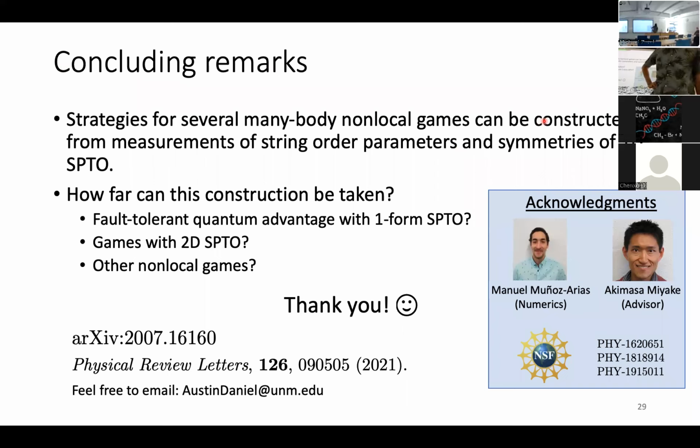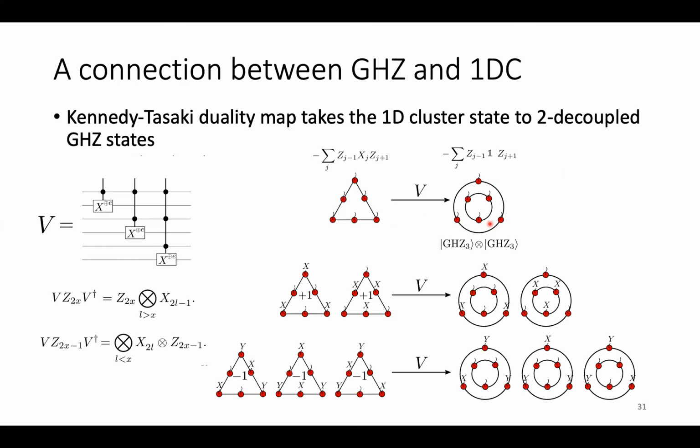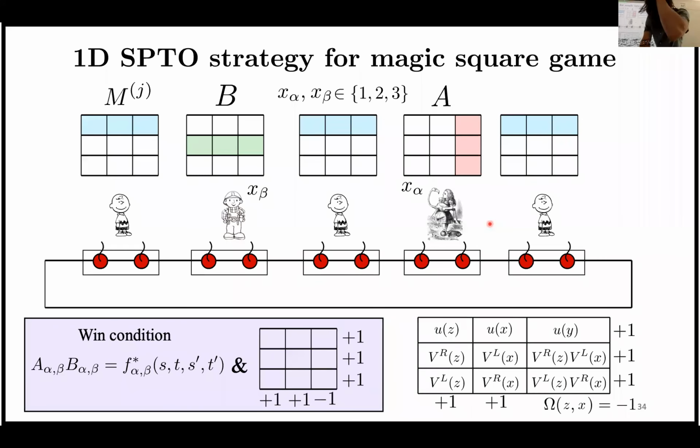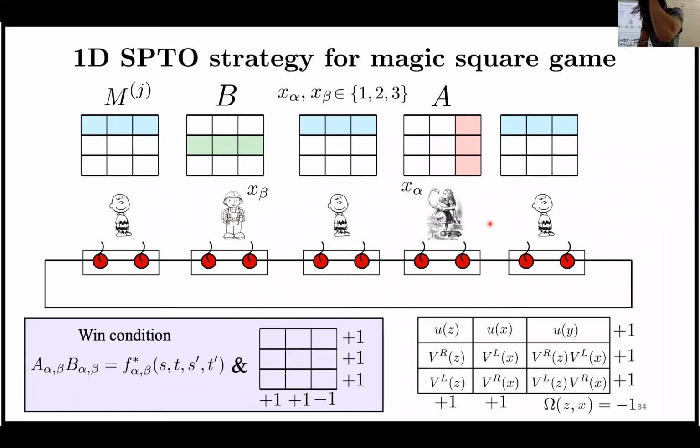The one-third bound actually varies from game to game. I think it really is just some particular aspect of the non-local game that we're looking at. I don't know if it's anything really fundamental about the SPT phase, but rather the game that I'm choosing to play. It turns out that you could also use Z2 cross Z2 SPT.